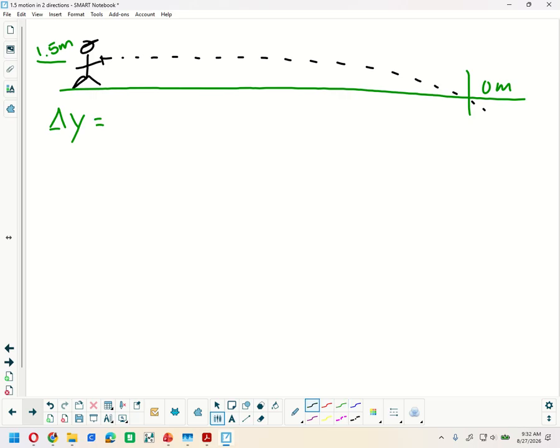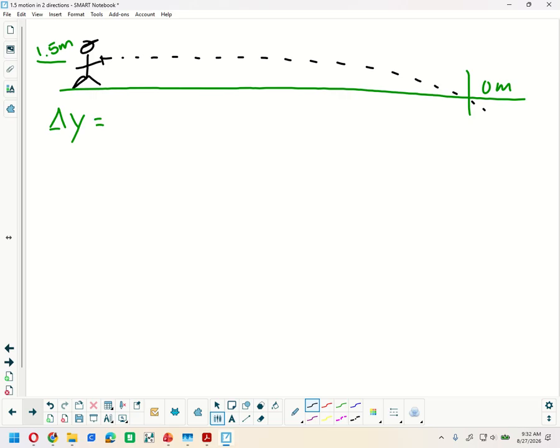What is my displacement for my Y? I started at 1.5 and I end at 0. Displacement means what's the change from my start to my finish?